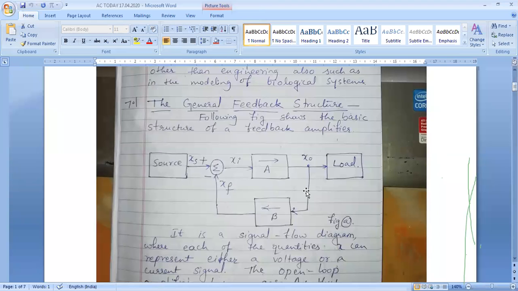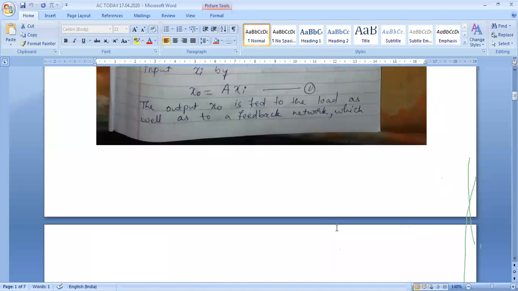Just a summarization. It consists of a basic amplifier and a feedback network, A and beta. Only 3 parameters you have to understand.